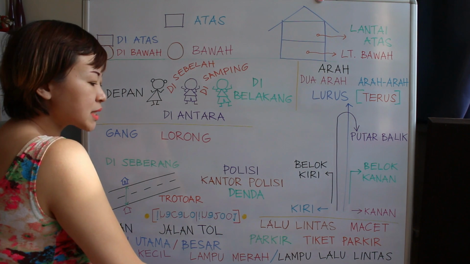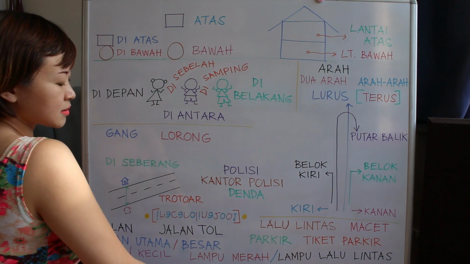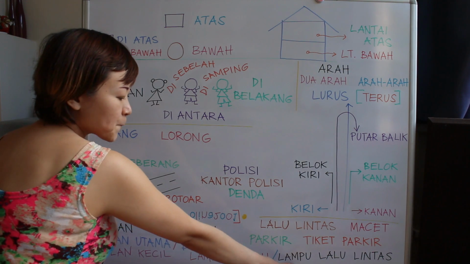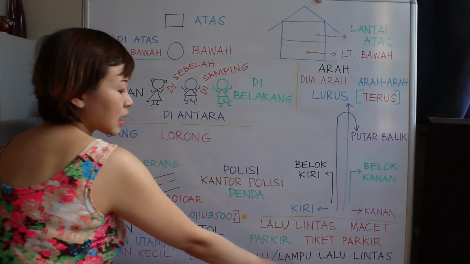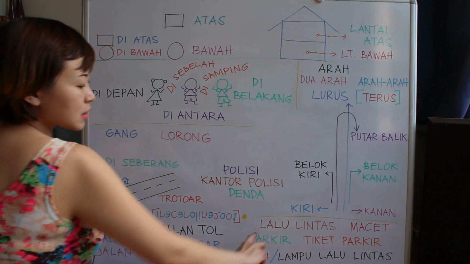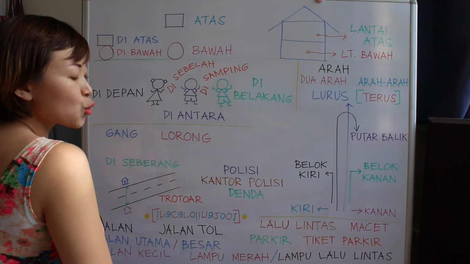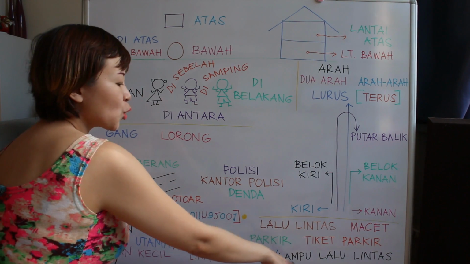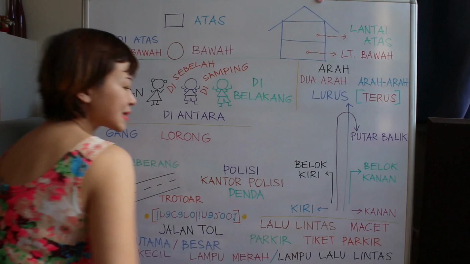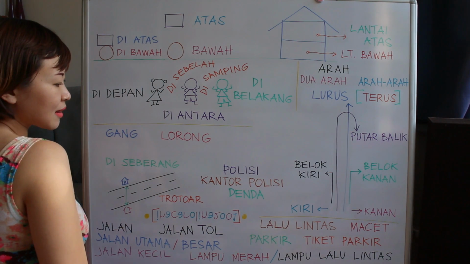Or we can also say traffic light. Of course, we put the lampu first, lamp, light, lampu, and then the traffic. Lalu lintas. It becomes 3 words. Lampu lalu lintas. Traffic light.